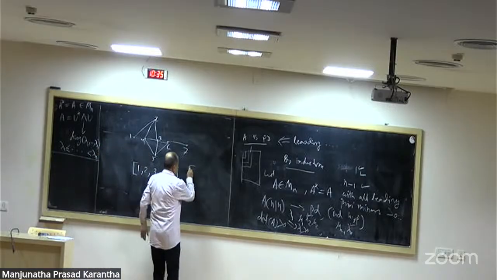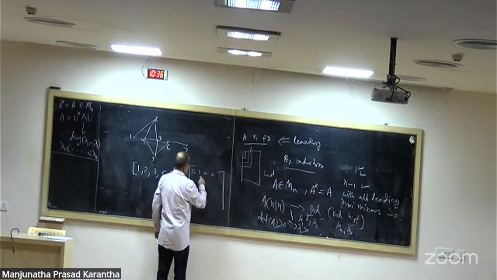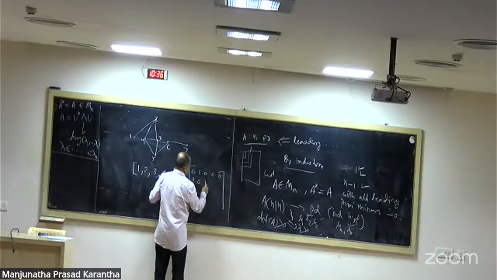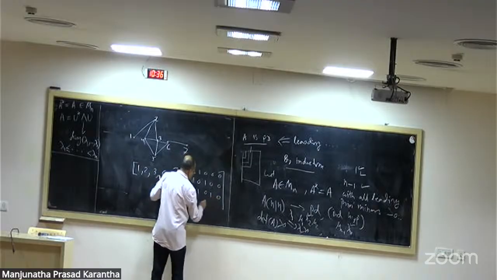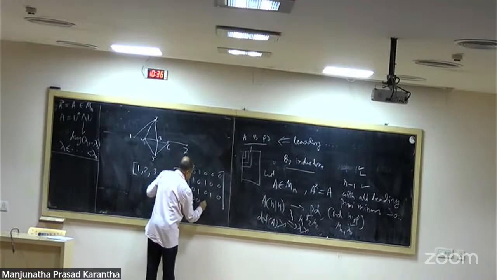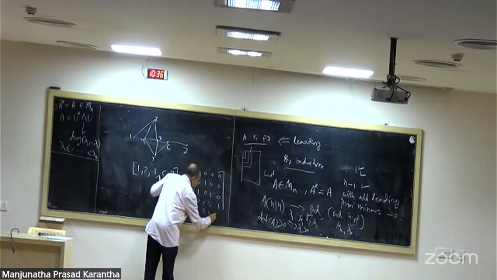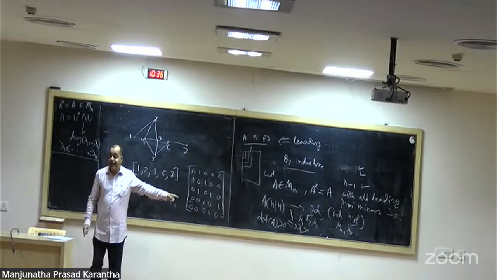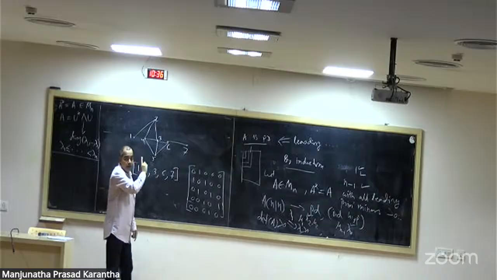It will look like this: 0, 1, 0, 0, 0; 1, 0, 1, 0, 0; 0, 1, 0, 1, 0; 0, 0, 1, 0, 1; 0, 0, 0, 1, 0. This is the submatrix of the adjacency matrix of this graph.